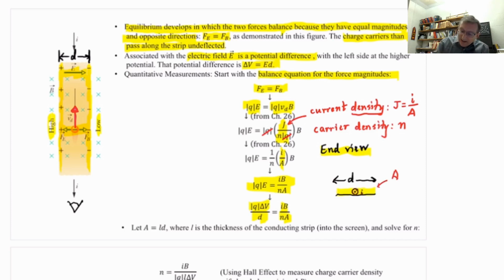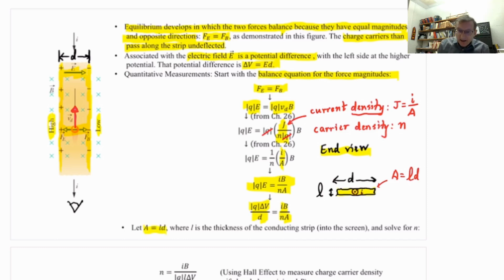Just what's the thickness of the strip this way? And we'll call that L. So the area A, the cross-sectional area through which the current is flowing, is L times D. Okay, all right, so with that in mind, we put in A equals L times D.